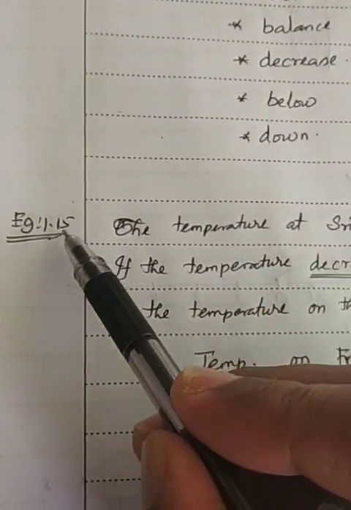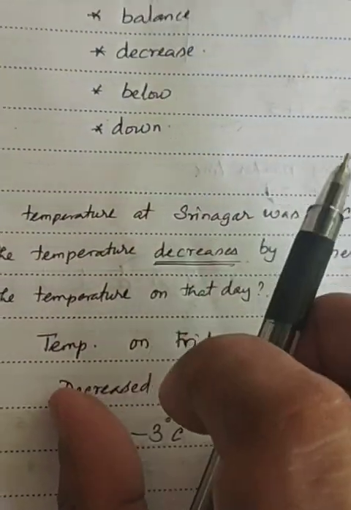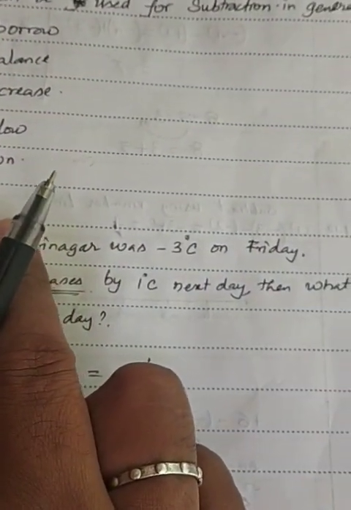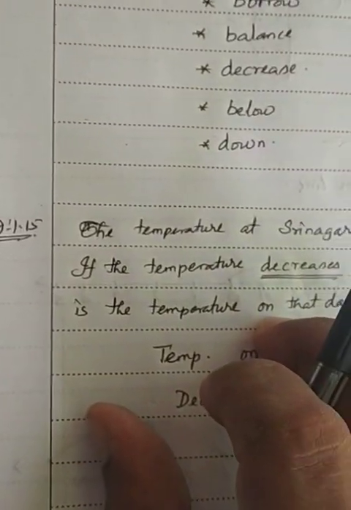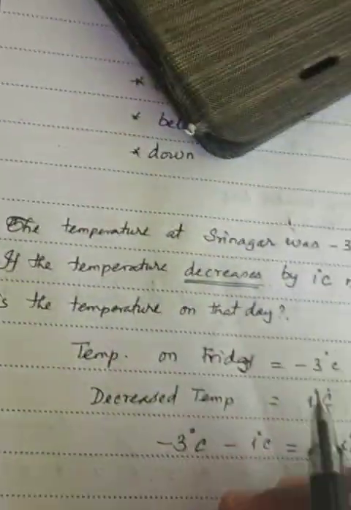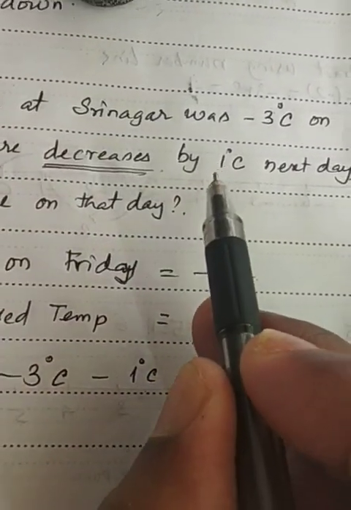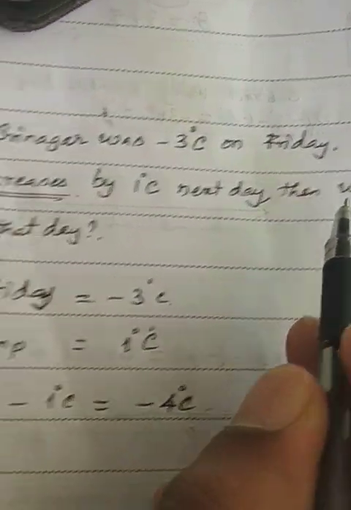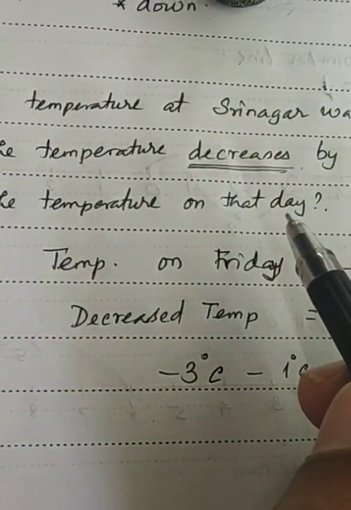The next one. Example number 1.15. The temperature at Srinagar was -3 degrees on Friday. If the temperature decreases by 1 degree next day, then what is the temperature on that day?